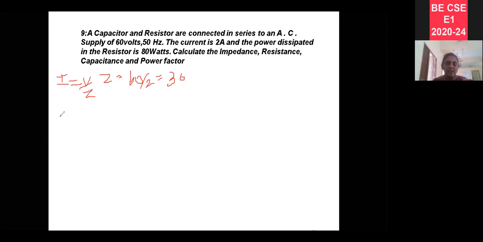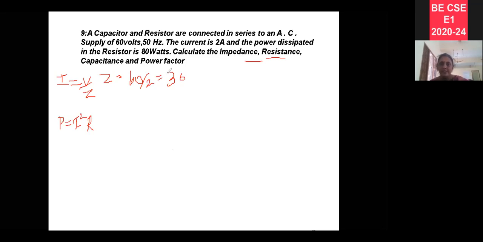So you can simply use P is equal to I square R. Power value is given, the current value is also given. So calculate the resistance value. Now impedance and resistance you have calculated. I will tell you the answers later. Let others calculate. Simply telling the answers will not help.